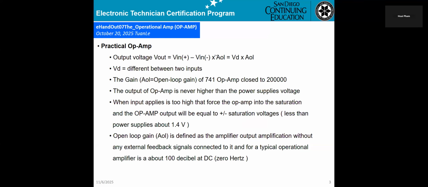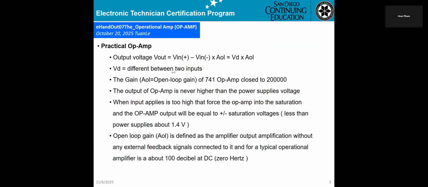And VD, the difference between the two inputs, we already know. VD equals V positive input minus V negative input. And they're supposed to be equal, so VD will be equal to 0.